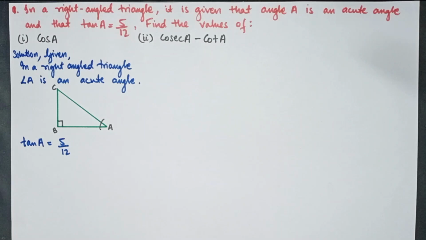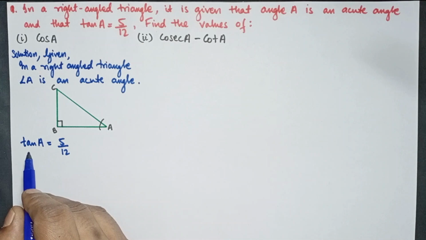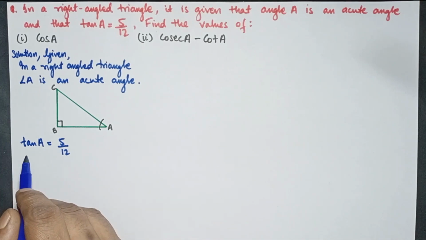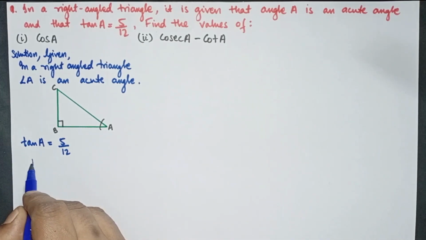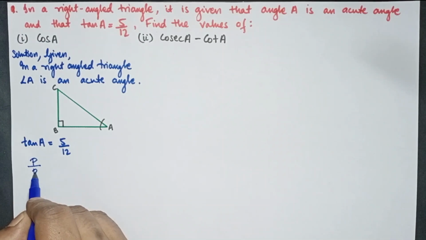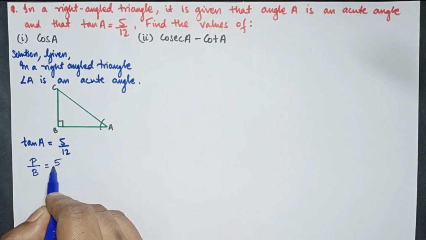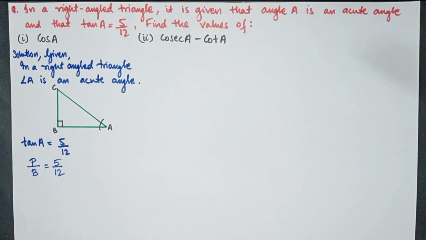This type of question is very important, and it is a different type of question. So tan A they have given us as 5 by 12. As you know, tan is perpendicular by base. So that is your 5 by 12. We have to find the value of the hypotenuse, because we have the values of perpendicular and base, but we don't have the hypotenuse.